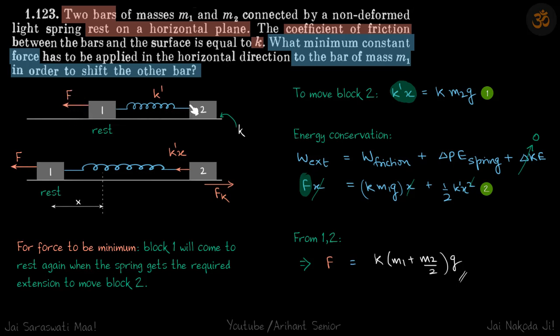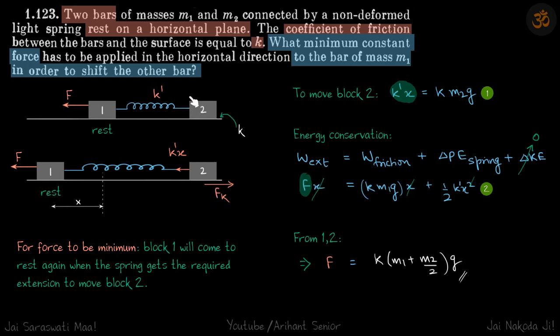So you can just imagine that if we connect this to a wall instead of block 2, and we apply some constant force here, it will go and stop after some time. When it stops, whatever is the stretch in the spring should be enough to overcome the frictional force.